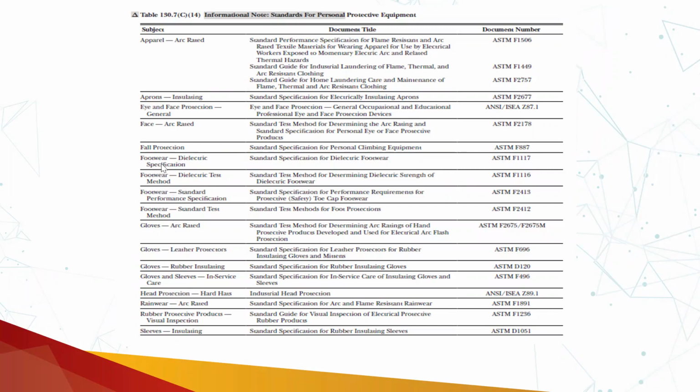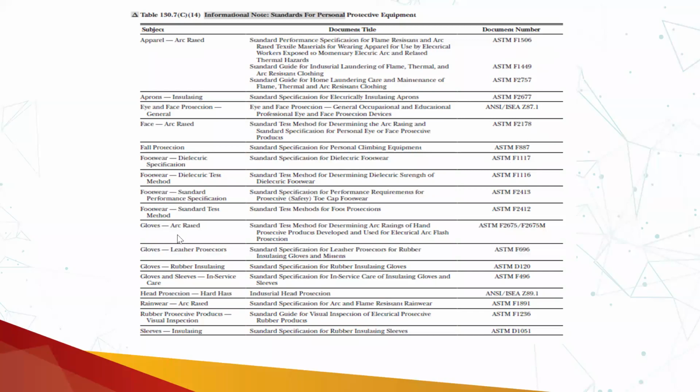You will come here, and you will see that for fall protection, standard specification for personal climbing equipment, ASTM F887 is the requirement. For apparel, arc rated, standard performance specification of flame resistance and arc rated textile material for wearing apparel for use by electrical workers exposed to electric arc and related thermal hazards, it is ASTM F1506.